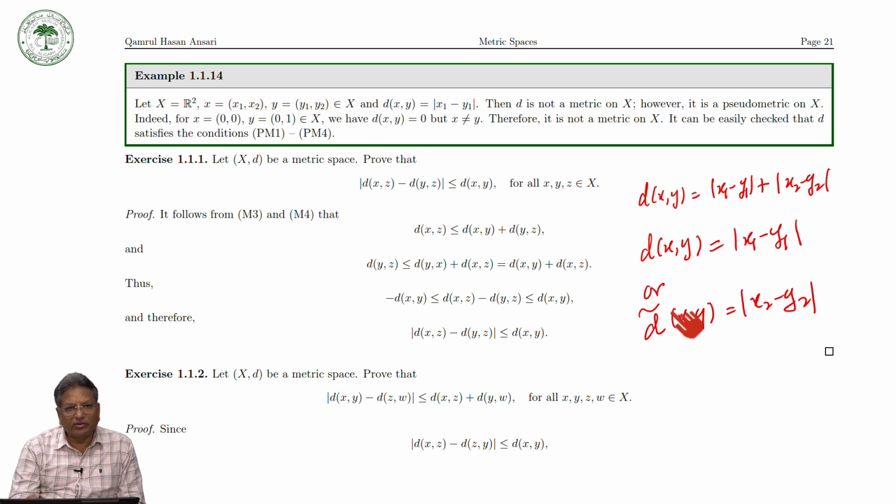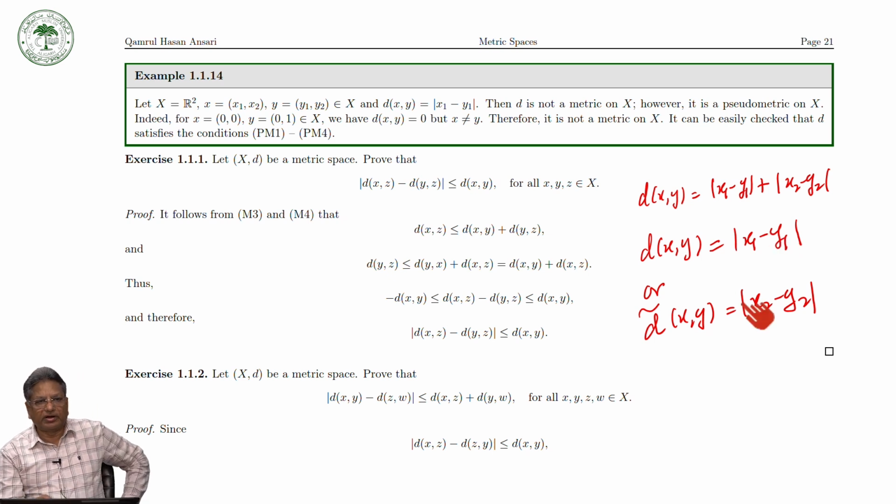And for this one, you can consider x as (0,0) and y as (1,0), and then you will see that d tilde is not a metric. It can be easily checked that d satisfies all the other properties of a metric, and therefore this d, and the same for d tilde, are both pseudo metrics on R2, but not metrics.